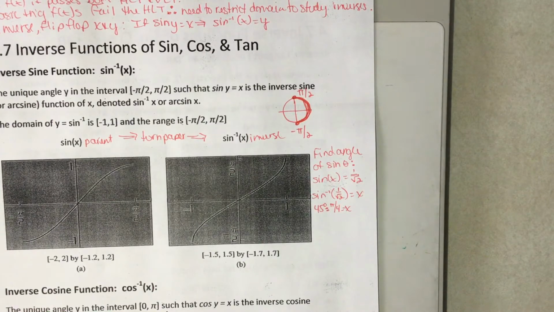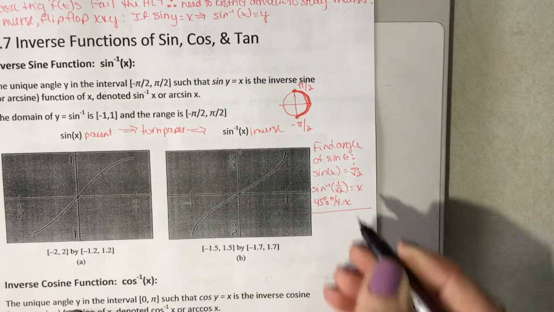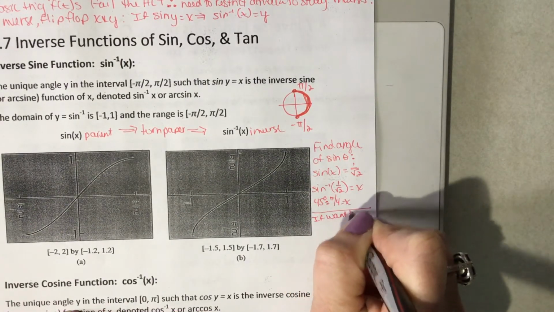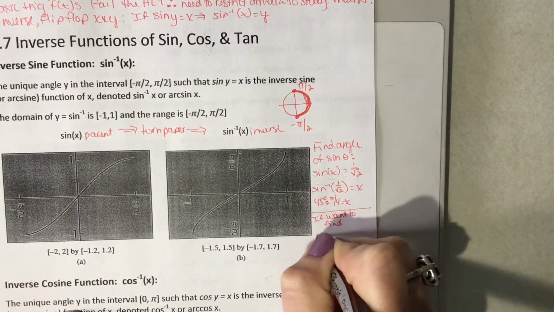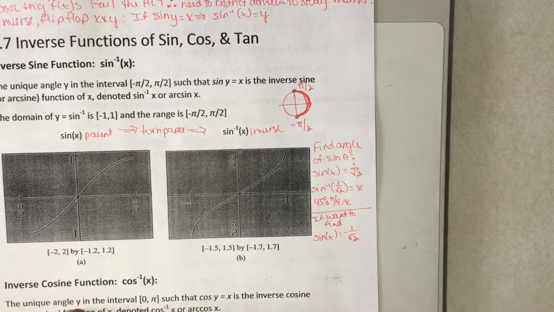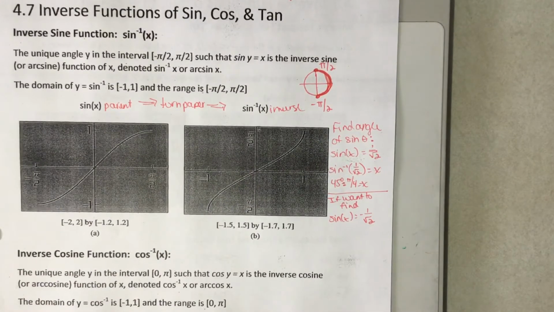Pretty simple. But here comes the tricky part that we're going to make not so tricky. If we want to find the inverse sine of negative 1 over square root of 2, okay, this is it right here. Go back to your unit circle and locate where there should be 2 different times that the sine is negative 1 over square root of 2.